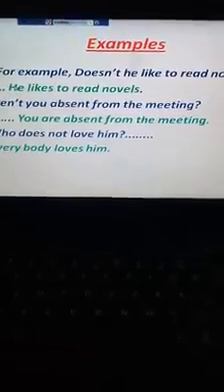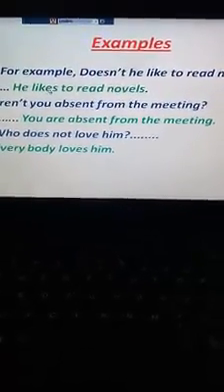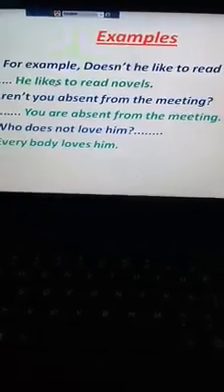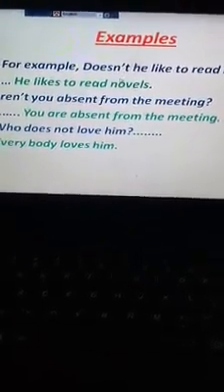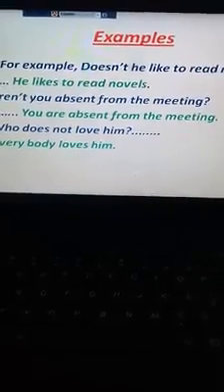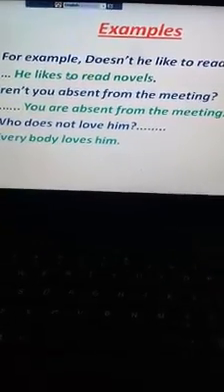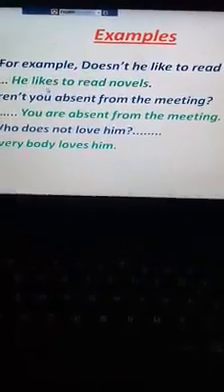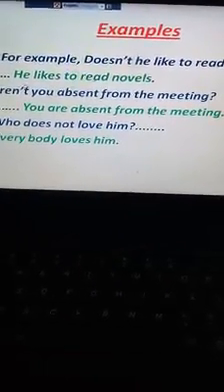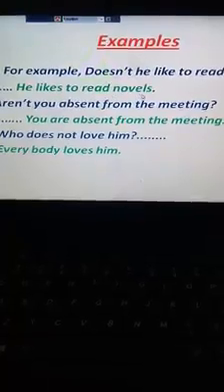I have written he, and after that, I have written the main verb of the sentence, that is, likes. But I have removed not, and I have not used any helping verb in the sentence because I don't need any helping verb. So he likes to read novels.